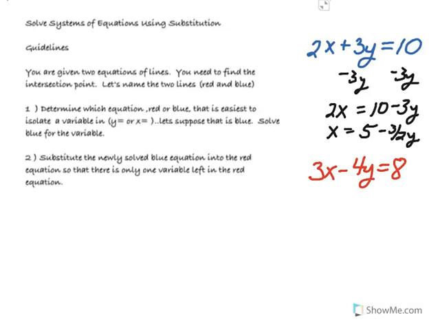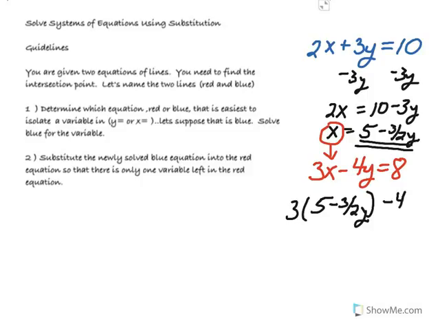Okay, now we're going to substitute the newly solved blue equation into the red equation so that there is only one variable left in the red equation. So we're going to take the value of x and substitute it in to the x in the red equation and get the following. 3 times the substituted expression, which is 5 minus 3/2 y, minus 4y equals 8.